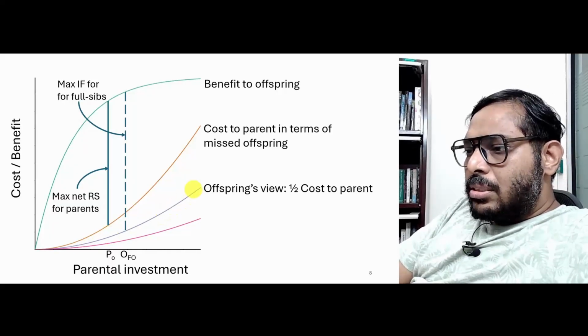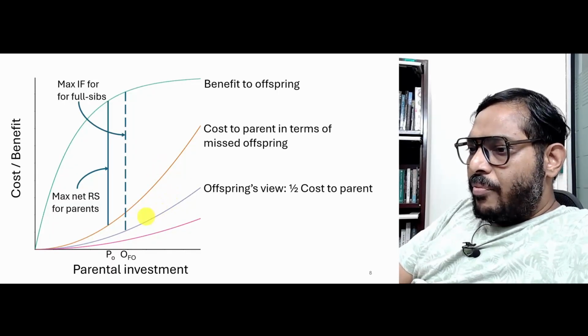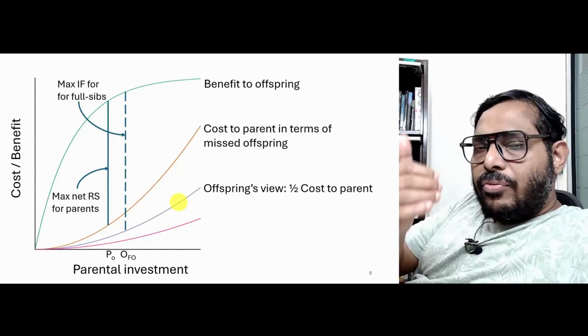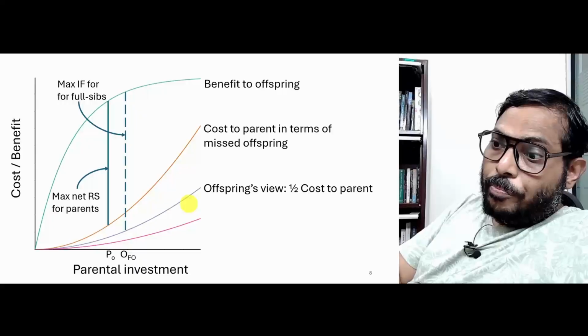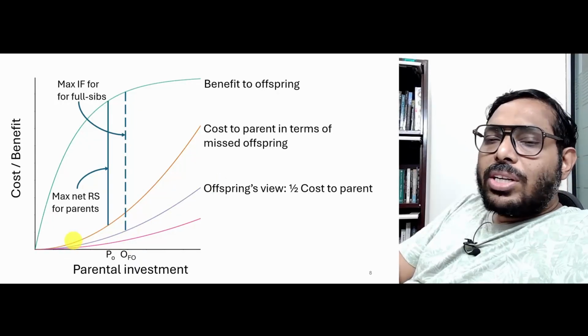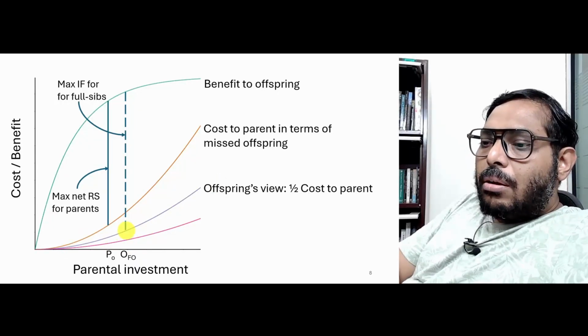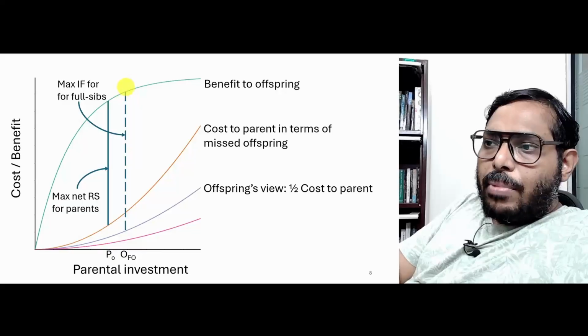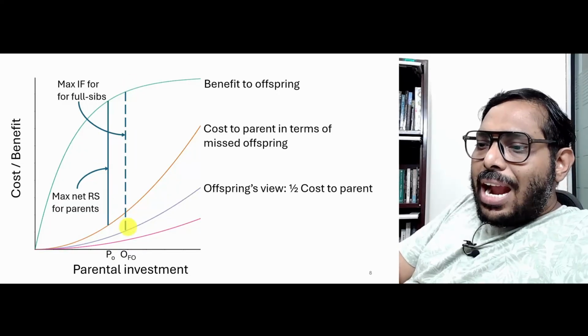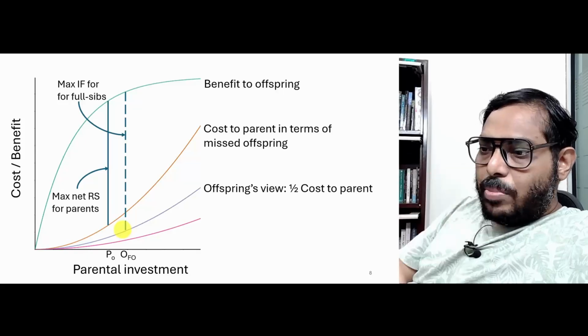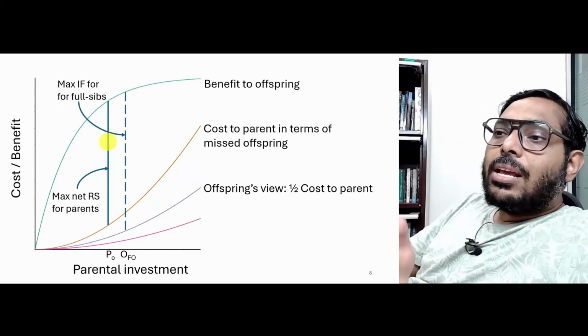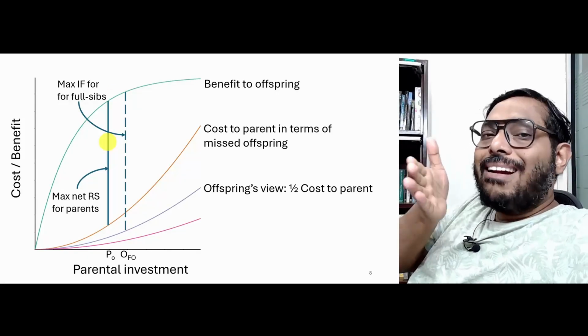So, this graph is 50% of this orange graph, and because it is 50%, it is going to be at a lower level and have a shallower slope, and because of the shallower slope, the maximum difference between the benefit to the offspring and the cost discounted by 50%, that is this graph, is going to come towards the right.